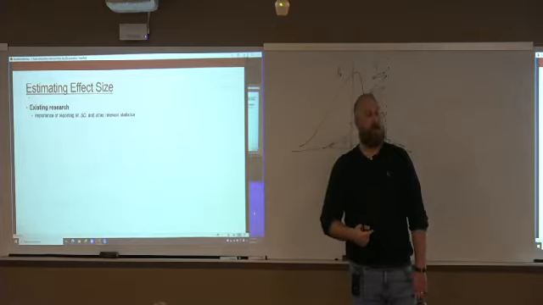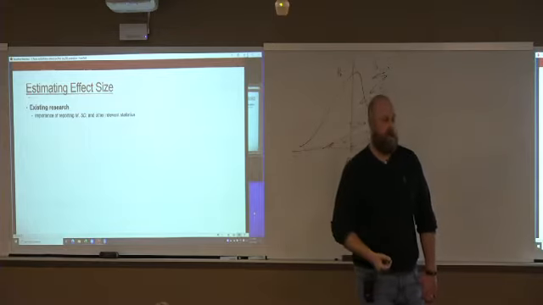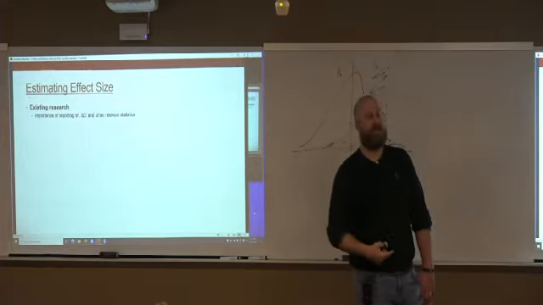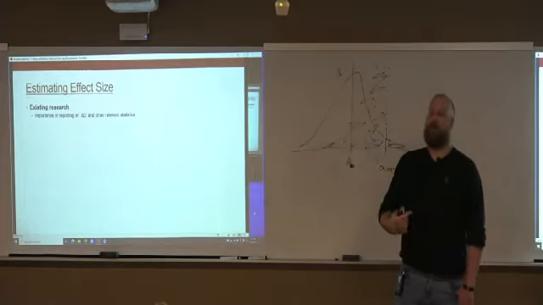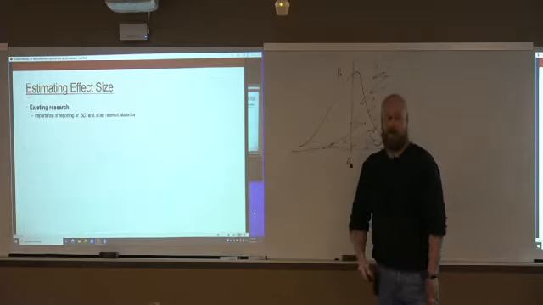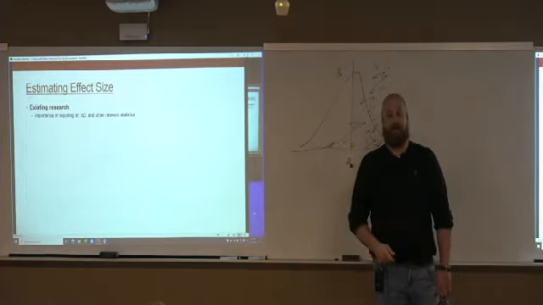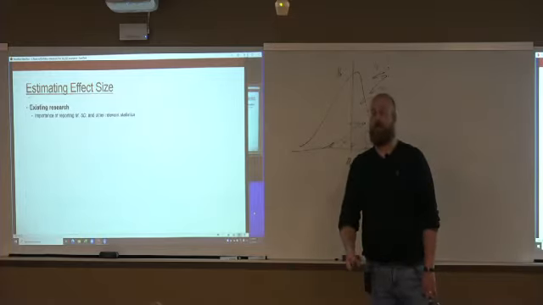I have to look through my literature and say, for people who have looked at similar things, what size of effect are people finding in the literature, right? This becomes really important for reporting means, standard deviations, and other relevant statistics. Oftentimes people won't report the effect size for the thing that you actually want to test.